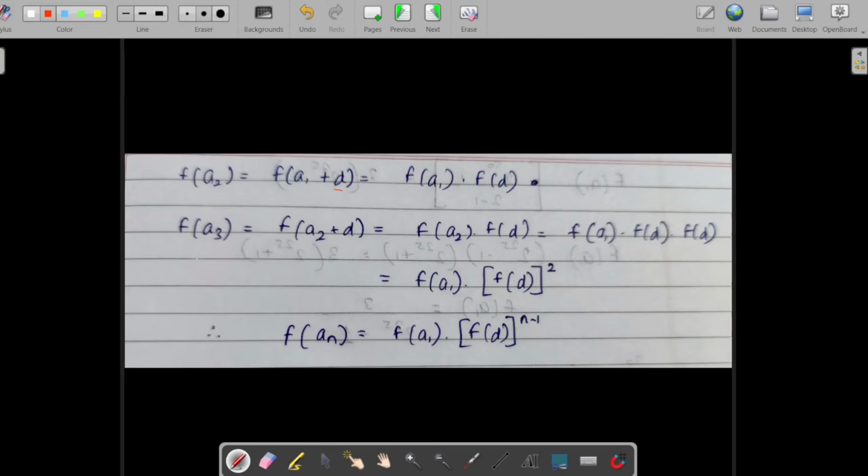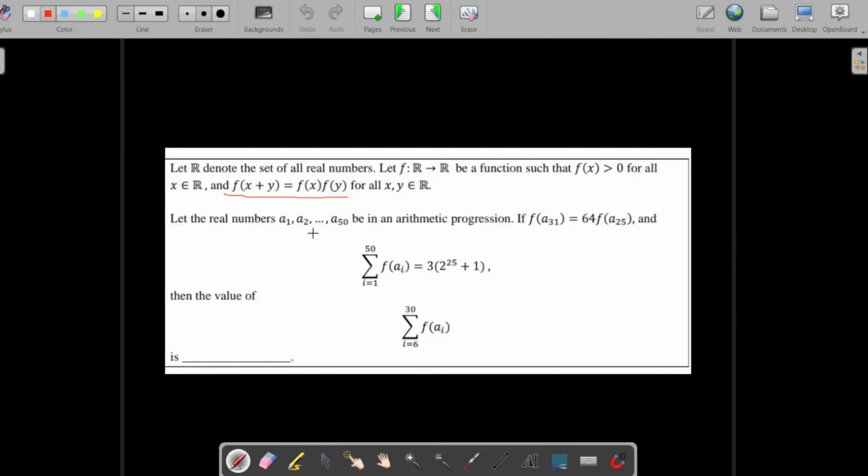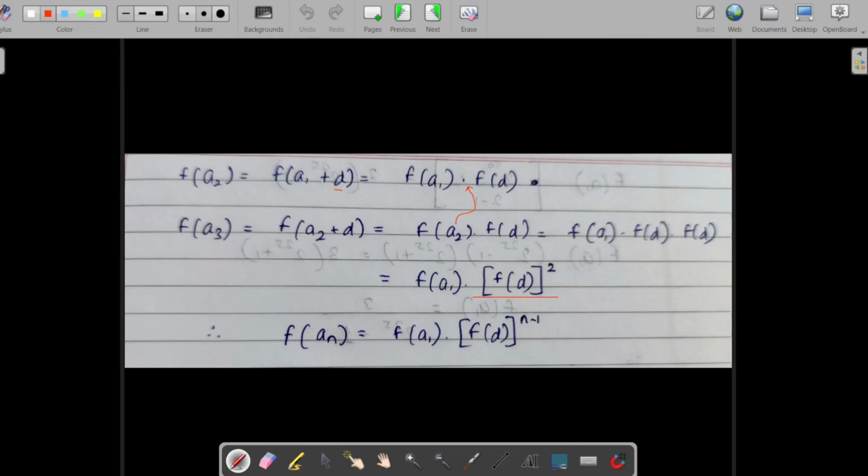Similarly, f of a3 is f of a2 plus d, which is f of a2 into f of d again. We can substitute f of a2 from here, and then we will get f of a1 times f of d whole square. Again, this will always produce a symmetry.